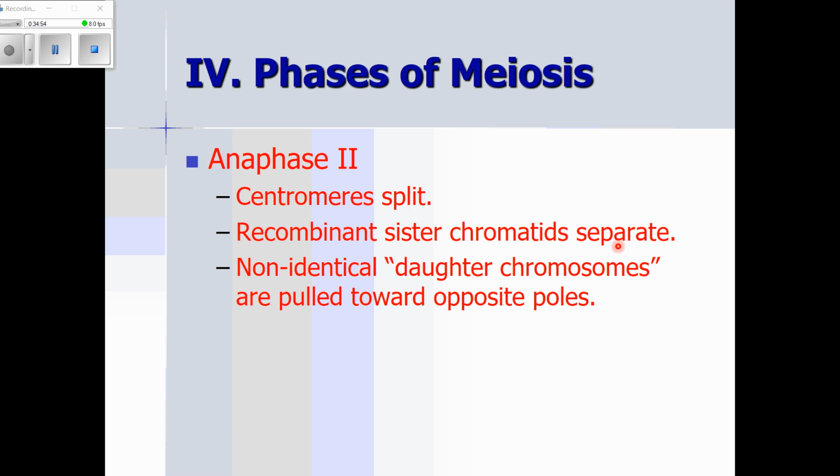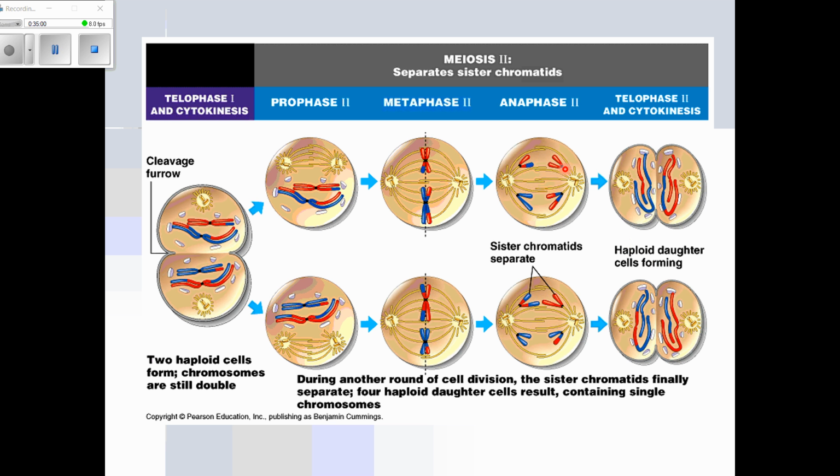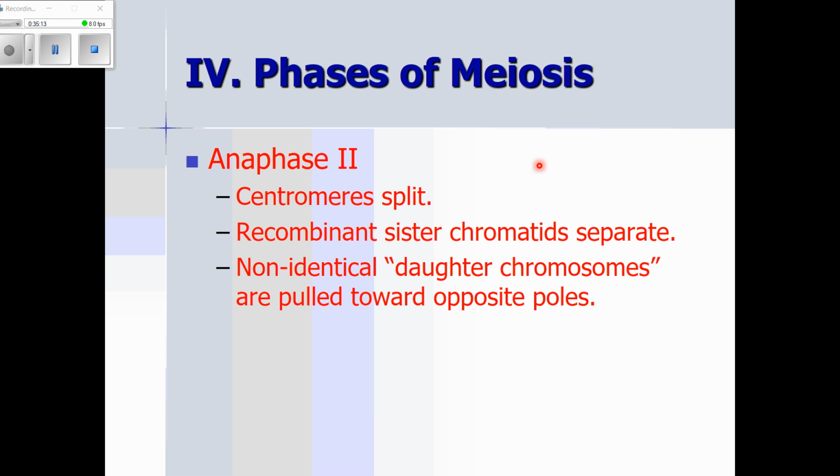Sister chromatids separate in anaphase 2. And as soon as they separate, we don't call them sister chromatids anymore. When they're connected, they're called sister chromatids. But as soon as they're pulled apart and they start moving in opposite directions, we call them daughter chromosomes, and they are non-identical daughter chromosomes.